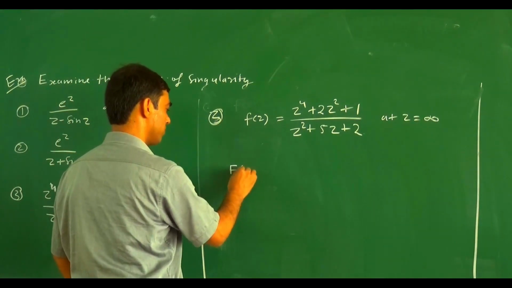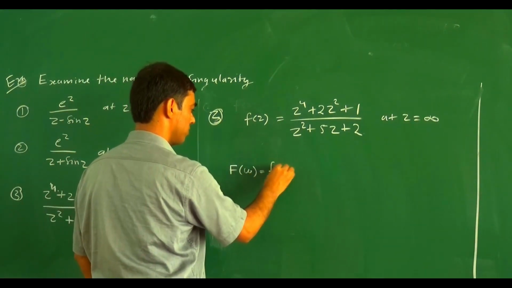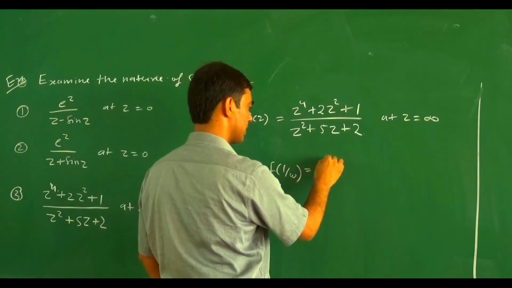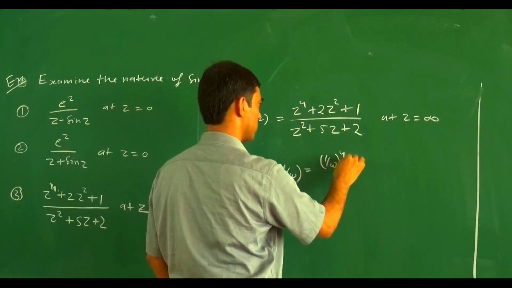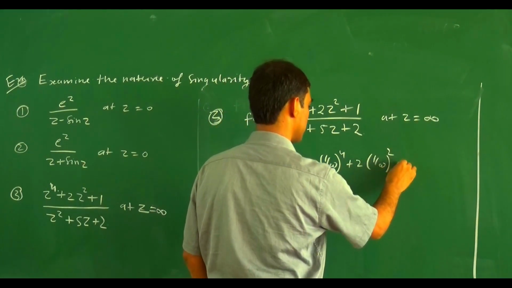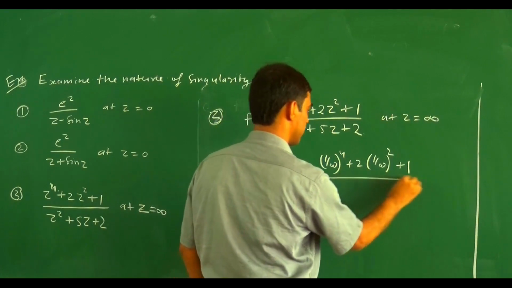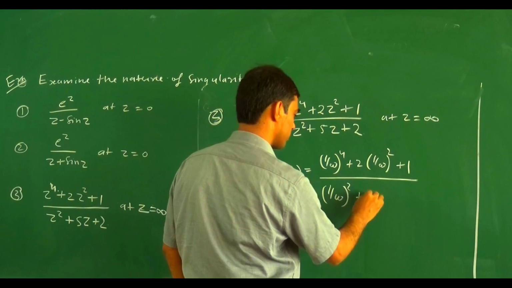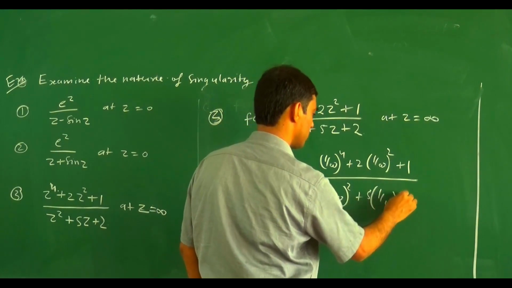So here we write f(w) equals f(1 upon w). So this becomes (1 upon w) to the power 4 plus twice (1 upon w) square plus 1 divided by (1 by w) whole square plus 5 times (1 by w) plus twice.